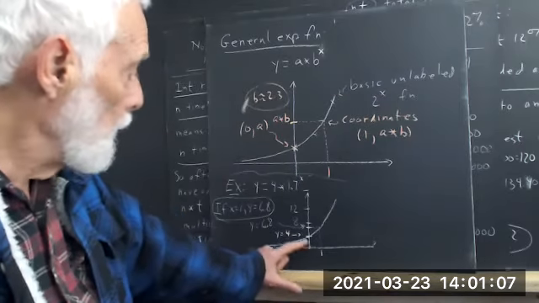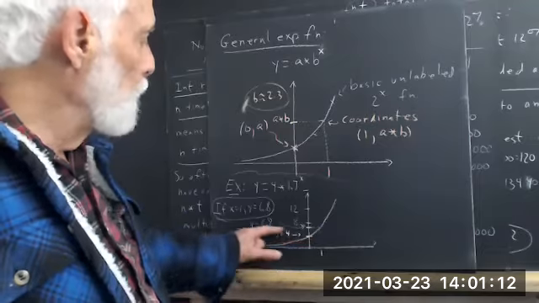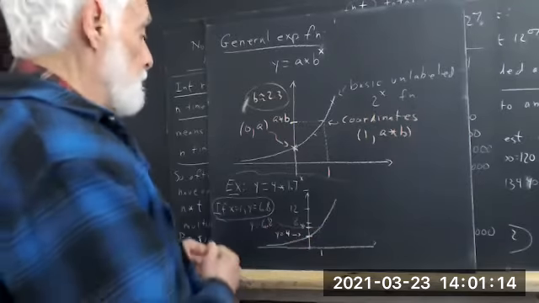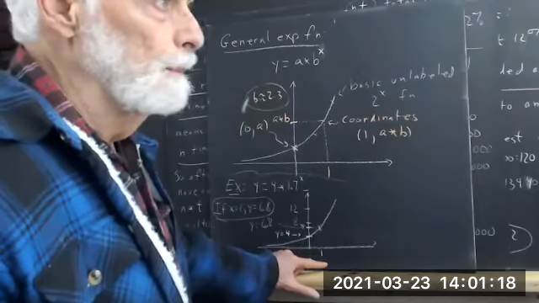Because when x is 1, y has to be 6.8, meaning that the point on this graph where y equals 6.8, which is right here, has to have x coordinate 1.